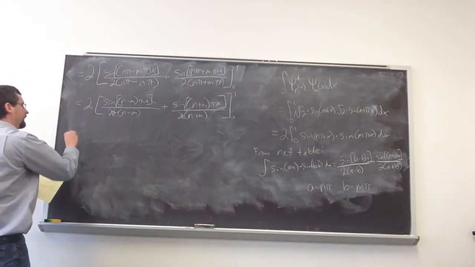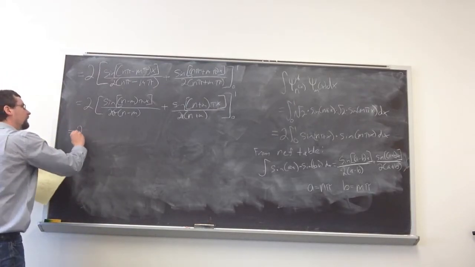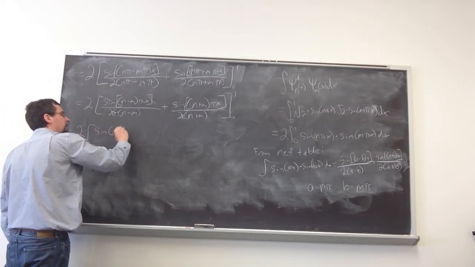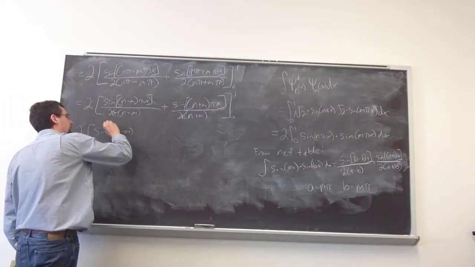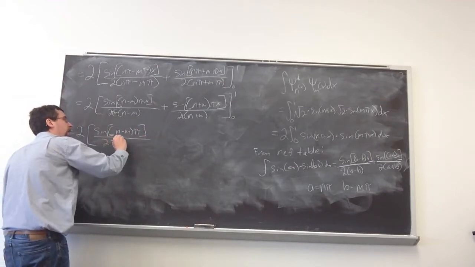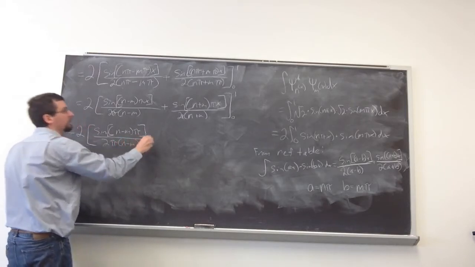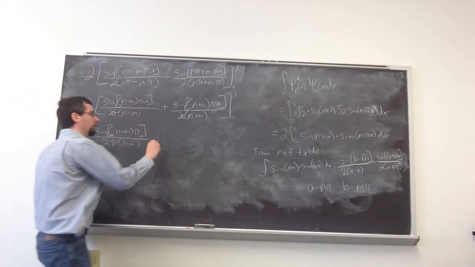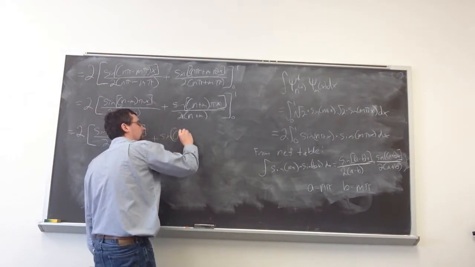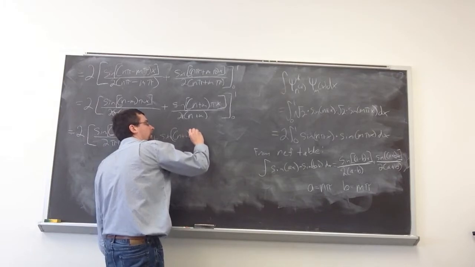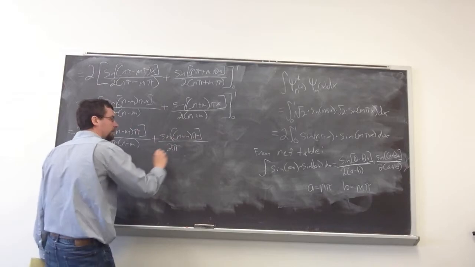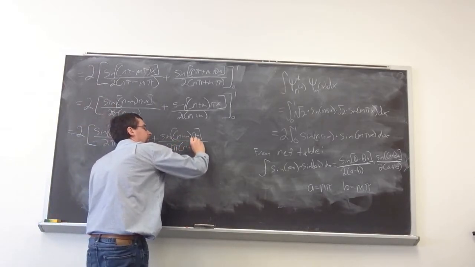So now, let's evaluate. We get 2 times sine of (n minus m) times pi over 2 pi (n minus m). In this case, x is equal to 1. We'll do the other one with x equal to 1: sine of (n plus m) pi all divided by 2 pi (n plus m).